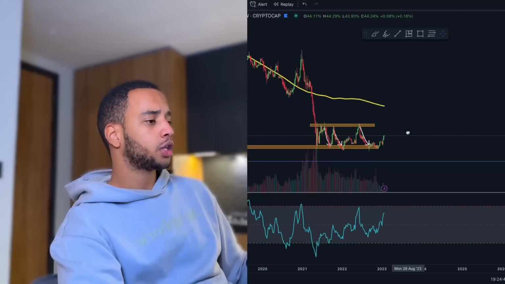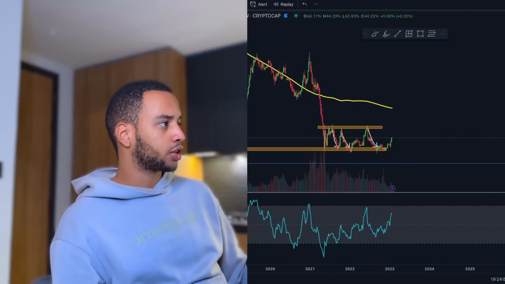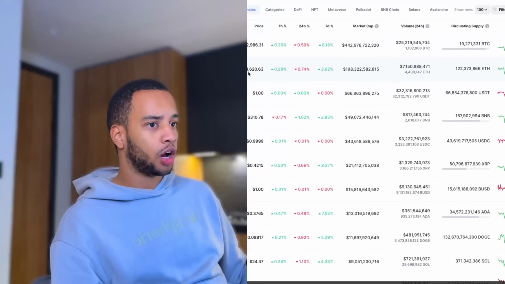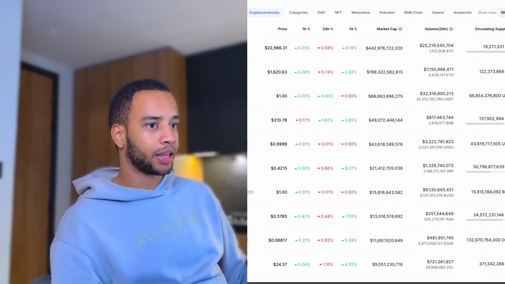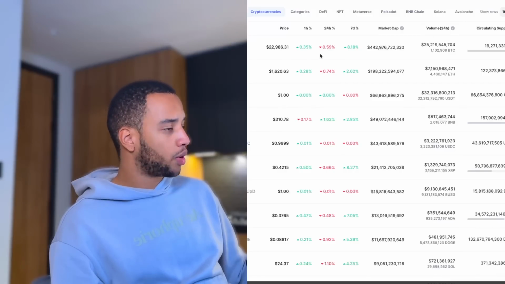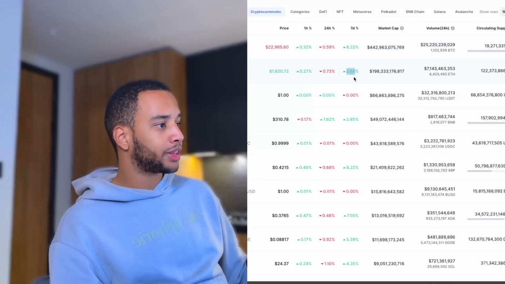So what I usually look at when we're talking about the dominance is the fact that whenever a bull run starts, like we've kind of just covered with this money flow, what you're seeing is a lot of inflows into Bitcoin. We've seen that now as indeed the price of Bitcoin is starting to go up. It's going up relatively, you can see that here with Bitcoin's weekly performance, more than altcoins are.